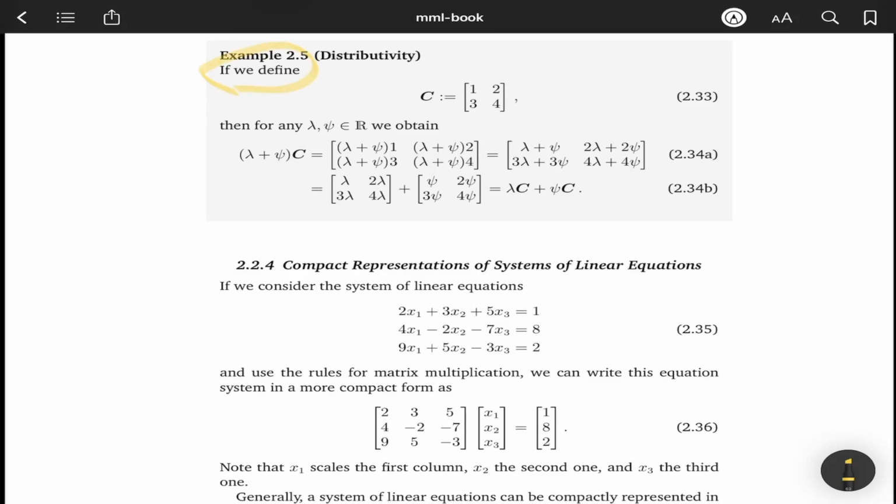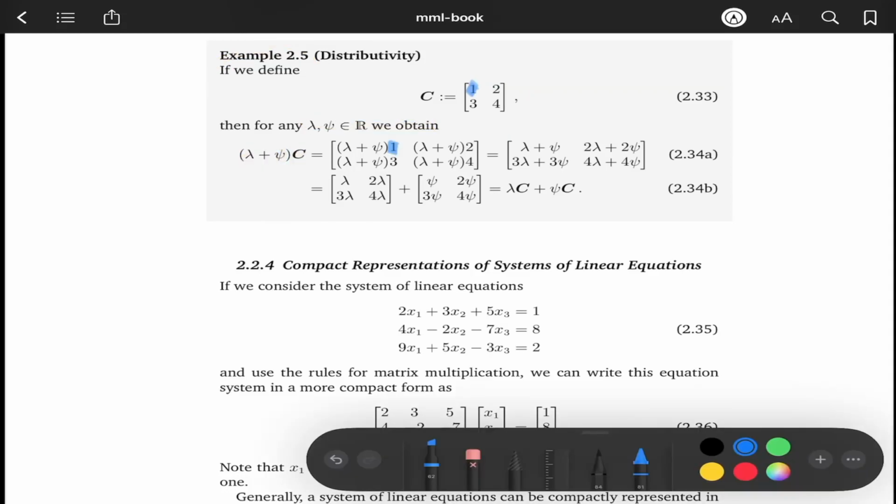If we define C as this, it's a 2 by 2 matrix, then you have two scalars, lambda and psi. So what are they doing? They say lambda plus psi times C, so do the addition first and then multiply it with C. I think we can do it element wise.